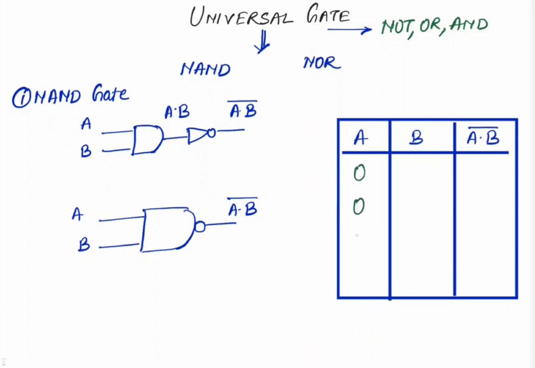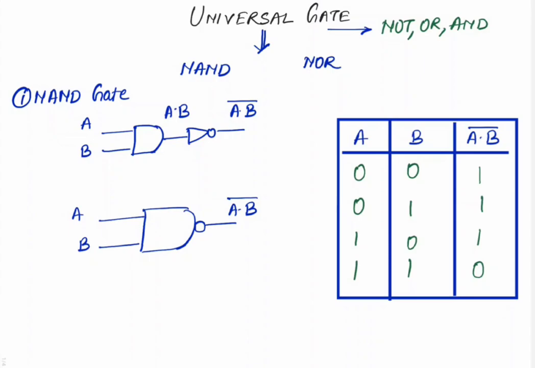So we have two inputs with four different conditions. Now 0.0 would be 0 and the negation of it would be 1. 0 multiplied by 1 is 0 and the invert of it is again 1. 1 multiplied by 0 is again 0, but the output is 1. 1 multiplied by 1 is 1, but the output is 0. So this is your NAND gate.